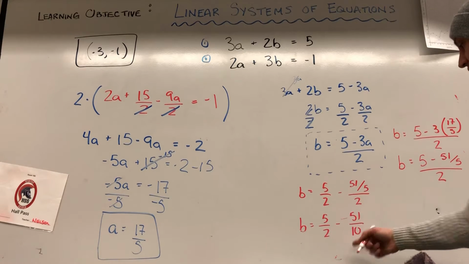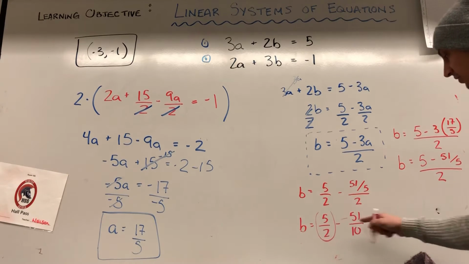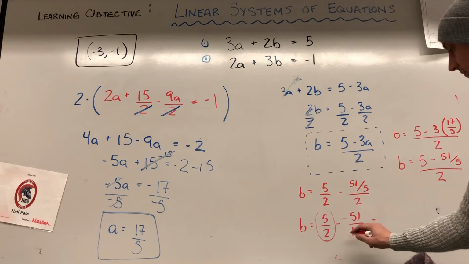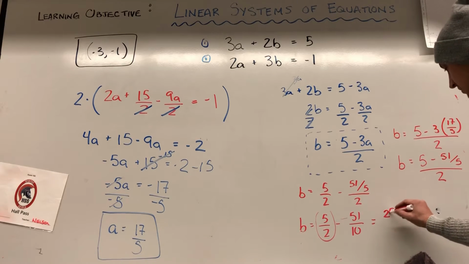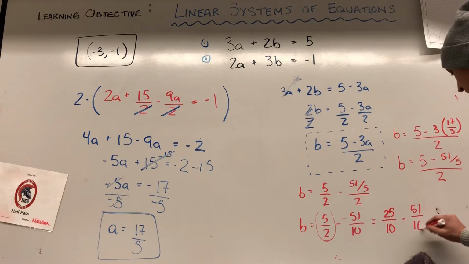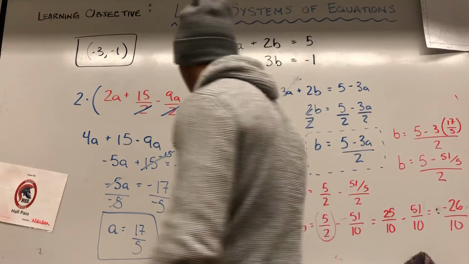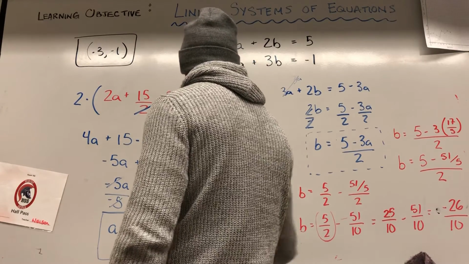Then I'm going to convert this into a fraction out of 10 so that I can do the subtraction. 2 goes into 10 5 times, so 25 over 10 minus 51 over 10 is equal to negative 26 over 10. So b is equal to negative 26 over 10.